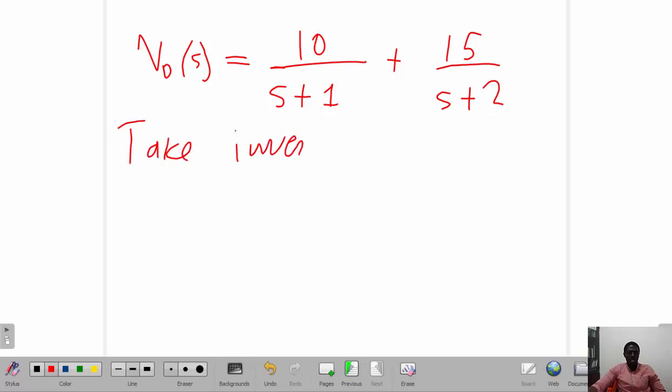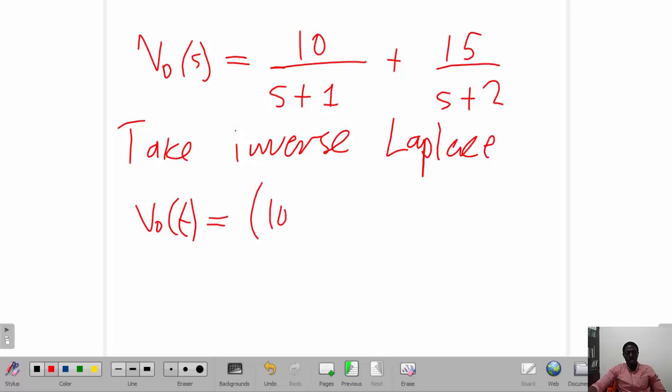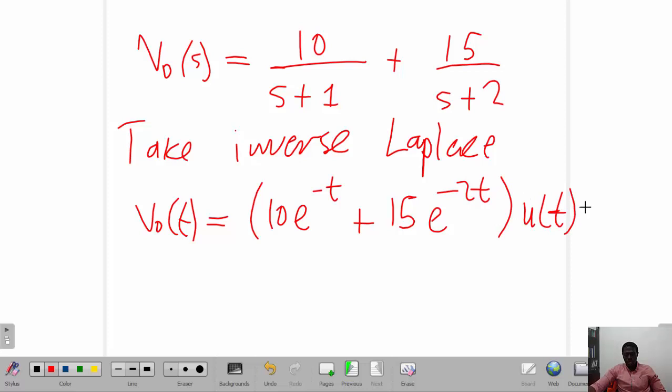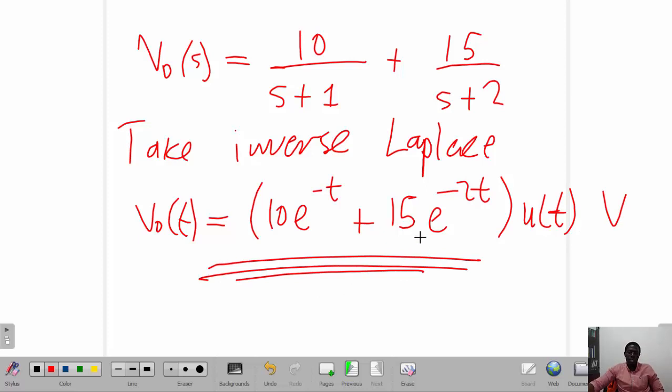You can use the lookup tables, and you get the solution to be of the form V naught of t equal to 10e^(-t) plus 15e^(-2t), multiplied by the unit volts, and this is how we arrive at the solution.